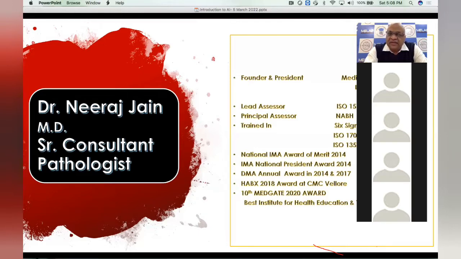These days we are generating so much data, and as a laboratory person, it is our responsibility to produce a report with as much correctness as possible. What is the expectation of the clinician? They expect a correct, meaningful report within a reasonable time frame. Whatever we do in our laboratory, we want to ensure these two things.